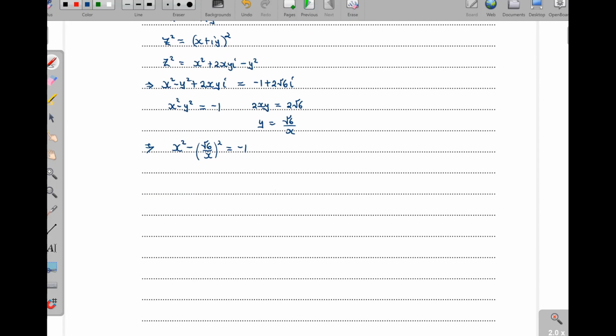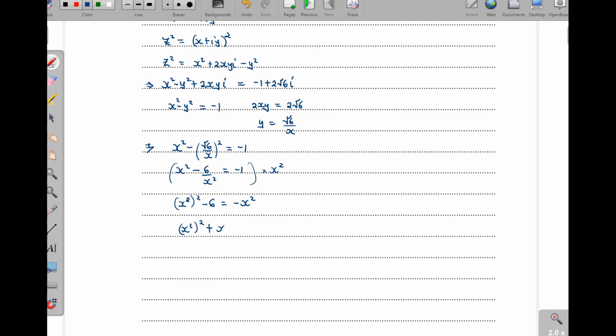Then from there, we have x squared minus 6 over x squared equals negative 1. We can multiply all through by x squared to eliminate the denominator. So this will give us x to the power of 4, which is x squared squared, then minus 6, which is equal to negative x squared. And this is a quadratic in x squared.